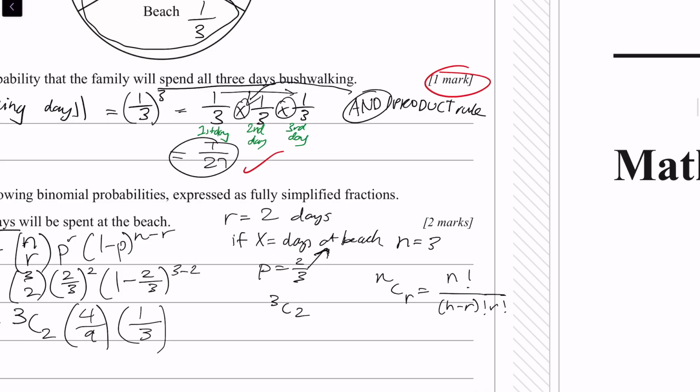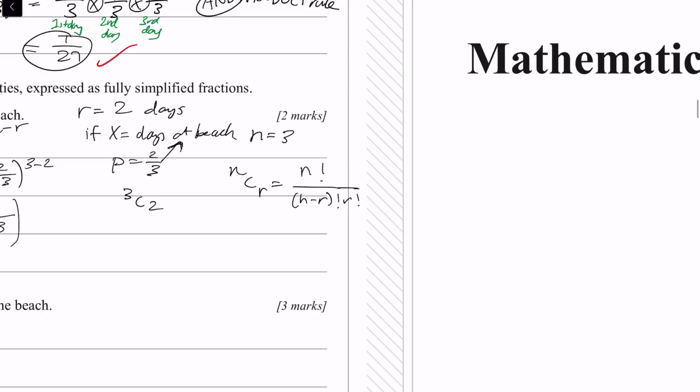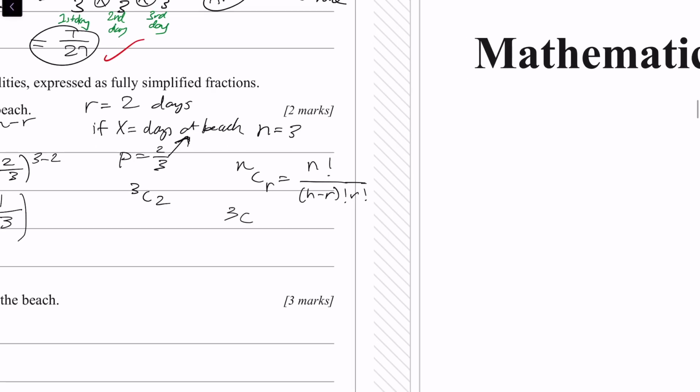Now factorial is really just a symbol for multiplying all the integers going down until 1 and multiplying them together. So I might show what that looks like in terms of 3C2. If my n value is 3 and r value is 2, then I have 3 factorial over (3 minus 2) factorial times 2 factorial, okay?